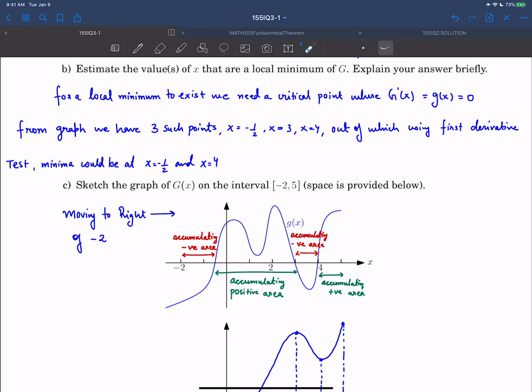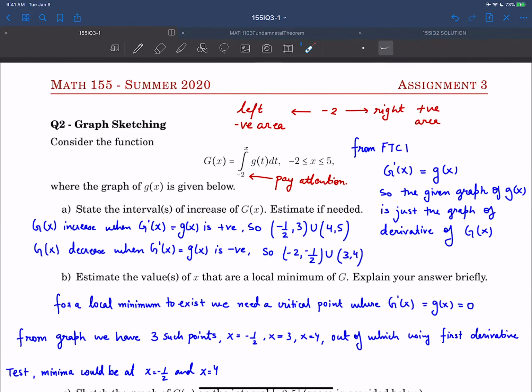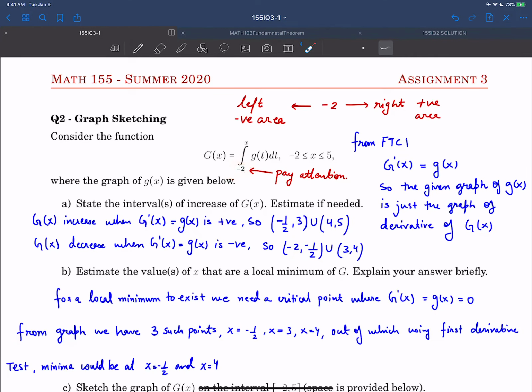But there are a few values we've got to be very careful of. Those few values are the points where this capital G is 0. One of the very straightforward points you've got to come up with, because this is defined from -2: if you try to find G of -2, what you're going to be integrating is from -2 to -2 of small g of t dt.